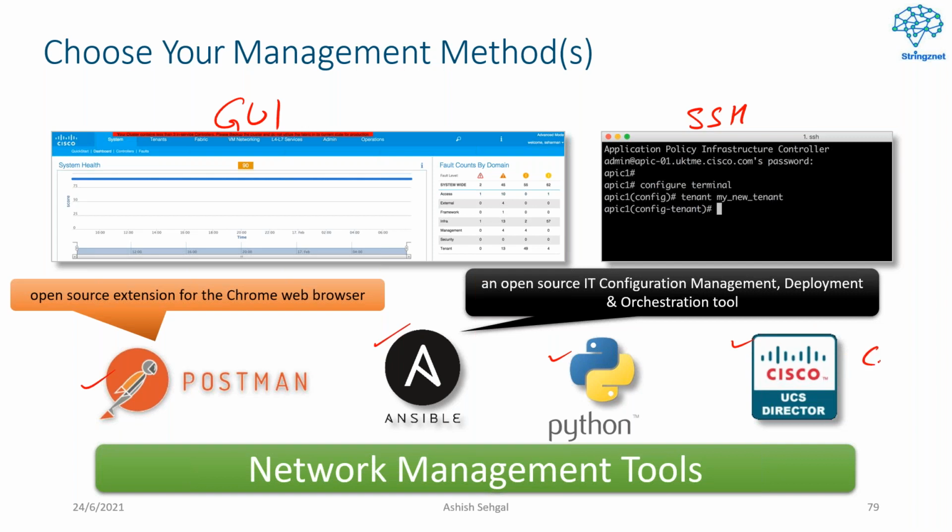Now it is replaced by something called Cloud Center, an orchestrator. Besides this, I also told you that with VMware vCenter server, by installing plugins, you can manage your ACI fabric from there also.